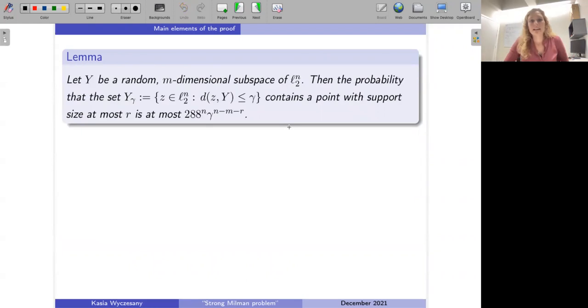Then a different claim, the one that I mentioned to you about having a small size of the support. This is again a very similar argument. You now estimate the number of sets of size at most r, which is n choose r, and s at most 2 to the n, and then you do basically the same thing.